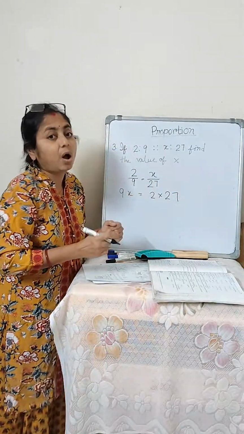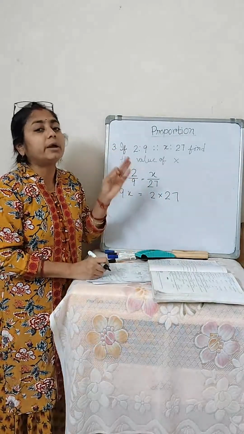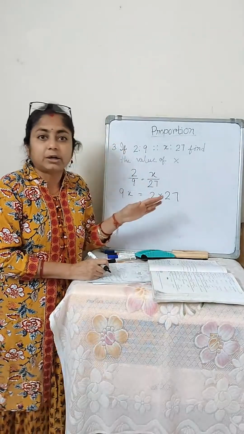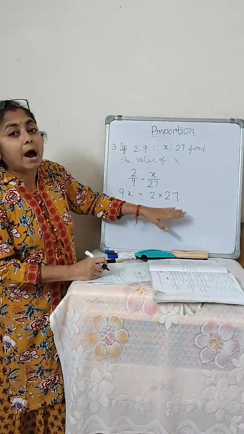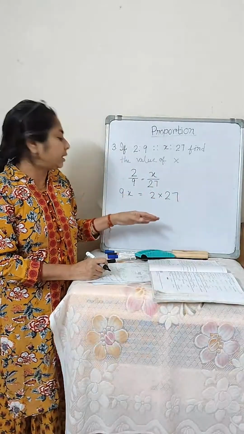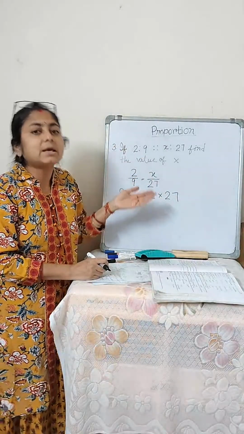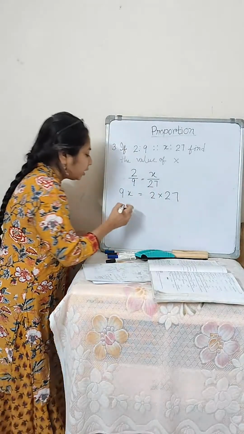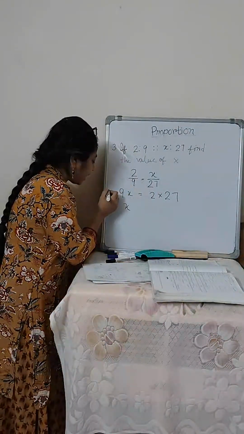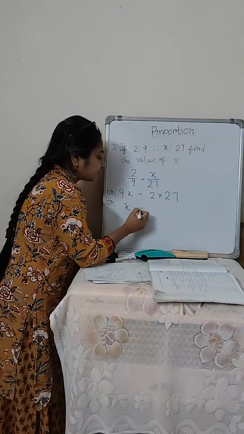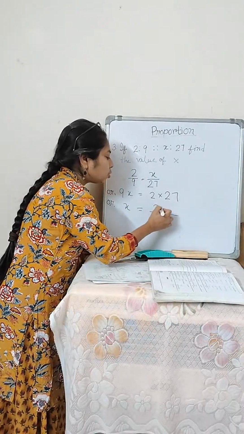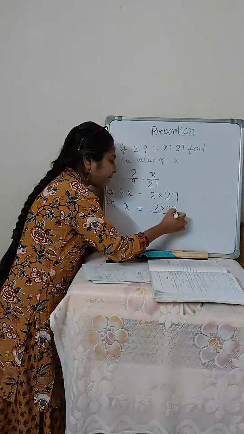Listen one thing, all the kids, you do not need to do any multiplication or find out the result. You just do up to this state. After that, you find out the value of x by the simplification method. Then x is equal to 2 into 27 by 9.